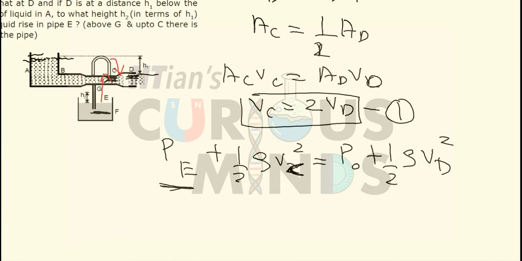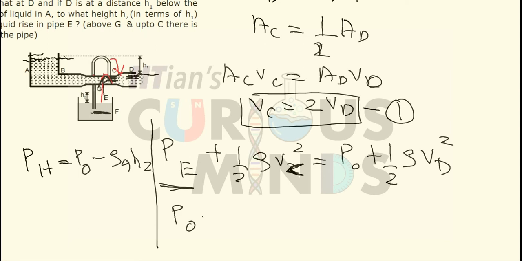You can clearly see that the liquid is rising inside the capillary tube. So the pressure here will be P naught minus rho g h2, since the liquid is rising inside the tube. Substituting the values, it will be P naught minus rho g h2 plus half rho Vc square.